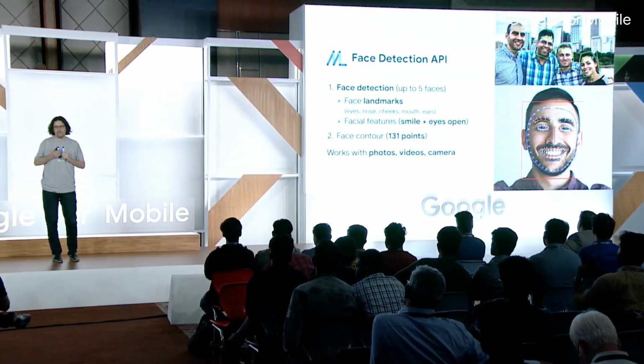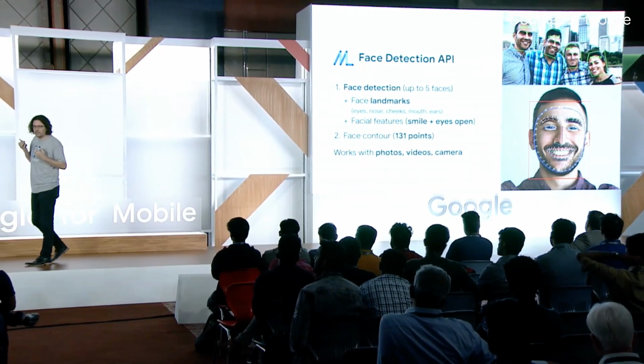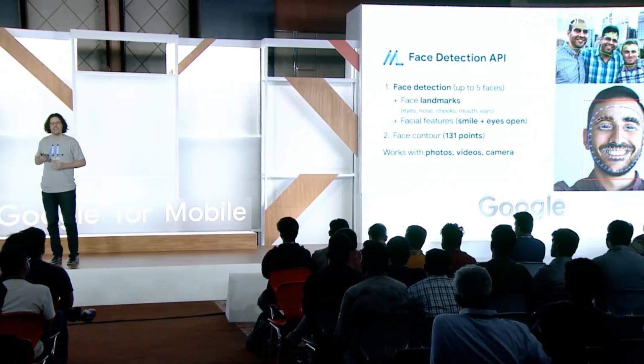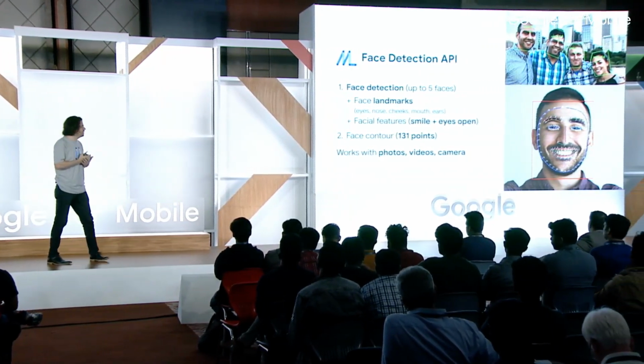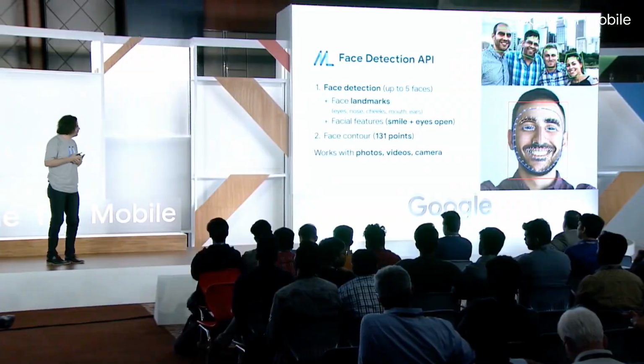And then, on top of that, we built a more fine-grained model. The fine-grained model provides up to 131 points on the face, and you can build solutions where you add a mask to your face, like in Snapchat, for example. It's important to note that this works with either static photos or in a live camera feed.